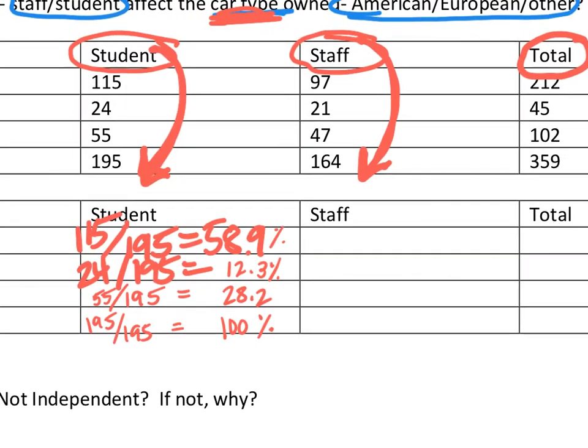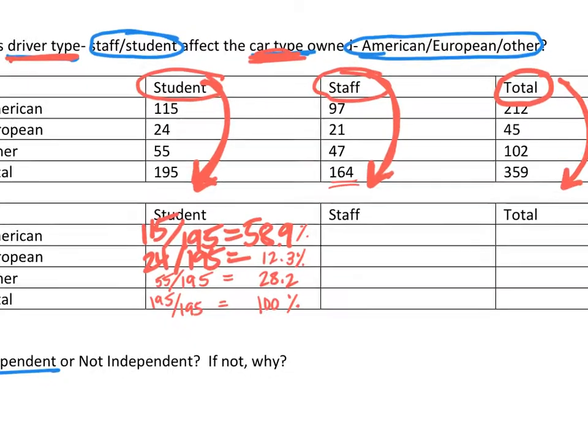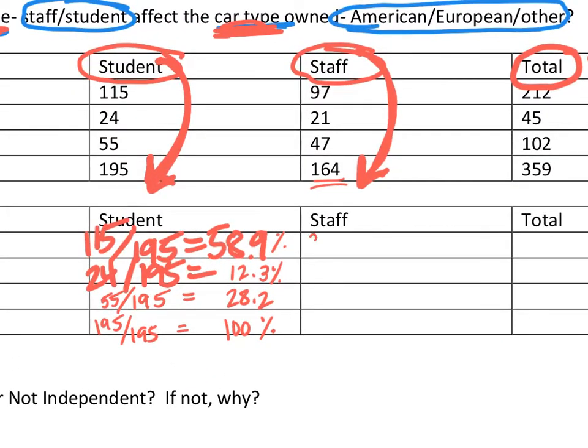So those are students. Now let's take a look at what we have for the staff. Our denominator is 164. For this top one, American car, I've got 97 out of 164, and if you divide that out, it is 59.1%.